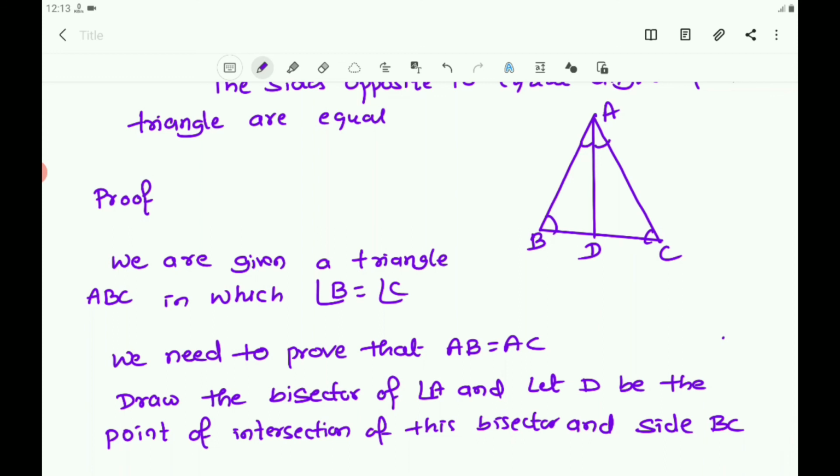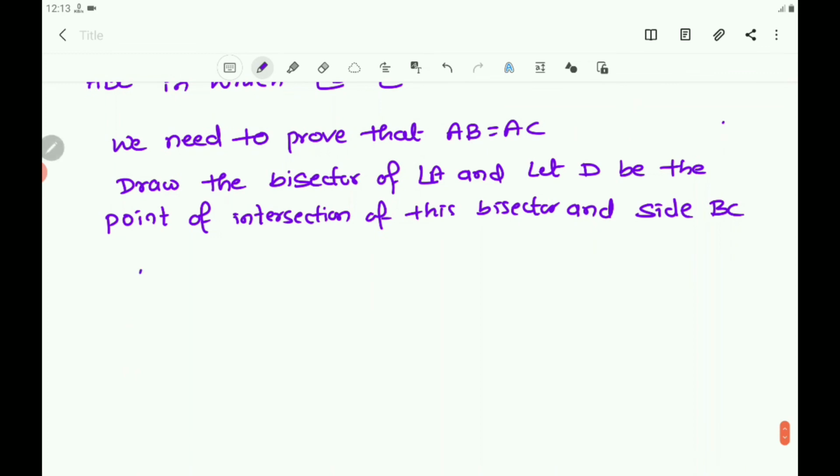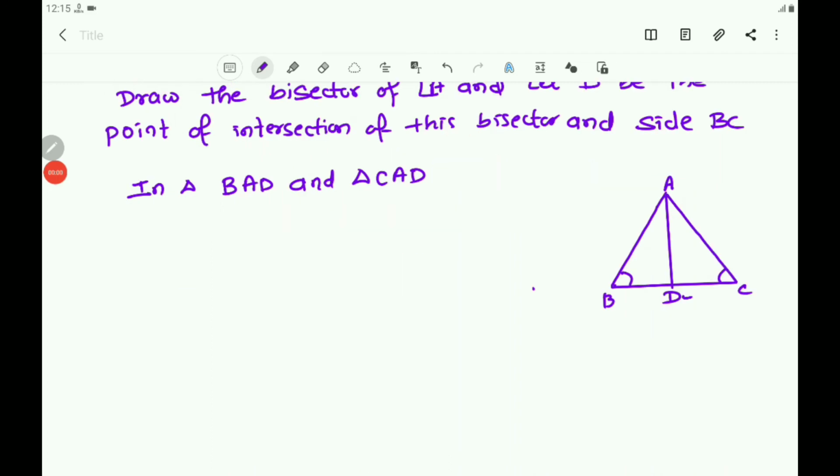So you write the names of the triangles. In triangle BAD and triangle CAD, write the equal parts. So you write angle B equals angle C, that is given.